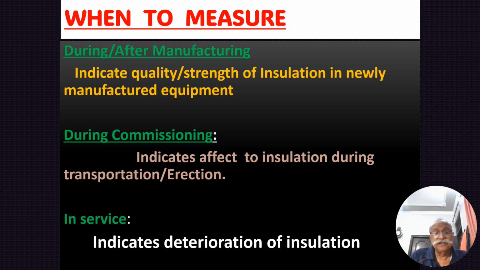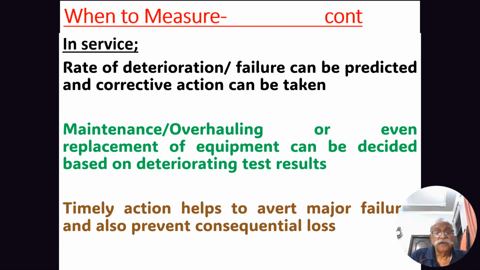In service, it indicates deterioration of insulation. In service, the rate of deterioration or failure can be predicted and corrective action can be taken. Maintenance, overhauling, or even replacement of equipment can be decided based on the track record or the test results. Timely action helps to avoid major failure and also prevents consequent losses.